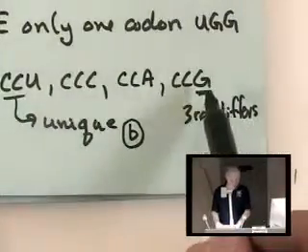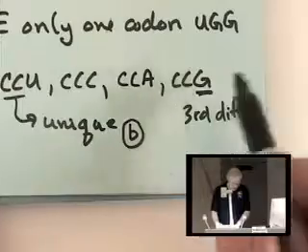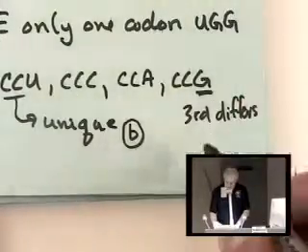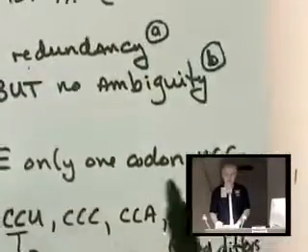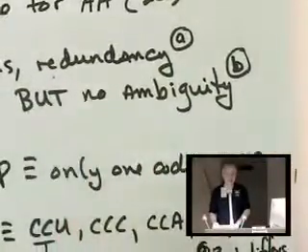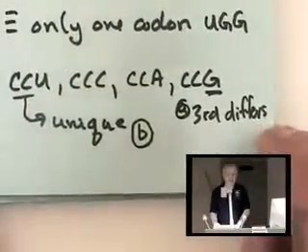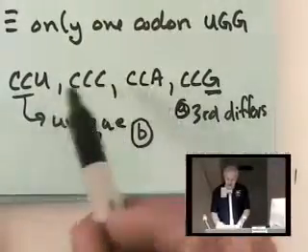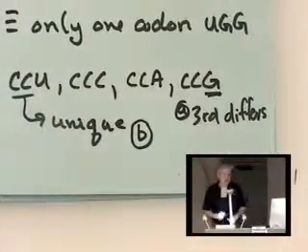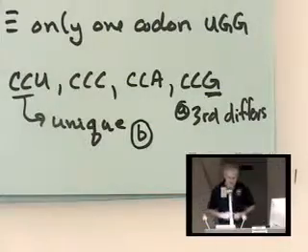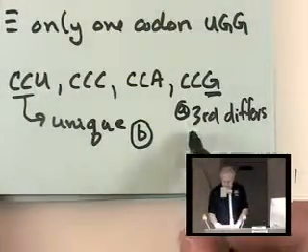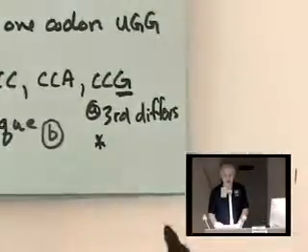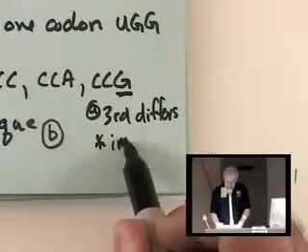So that third one differing is what accounts for the redundancy, A in a circle, labeled as redundancy up here, right? So you can change just the third one a couple different ways and still encode for the same amino acid. Now this one also is very important when considering mutations.